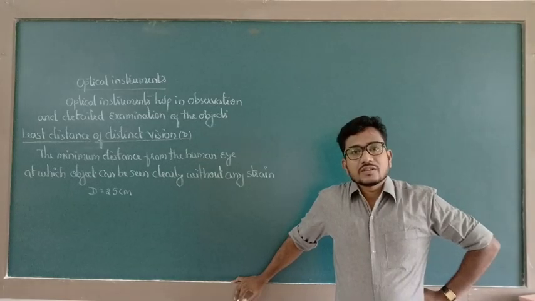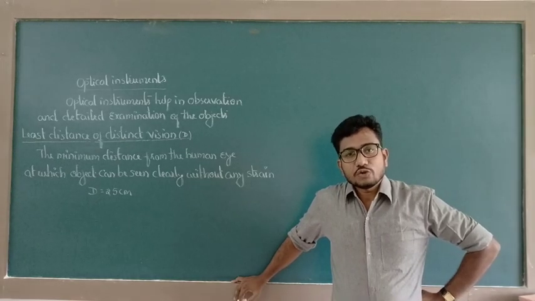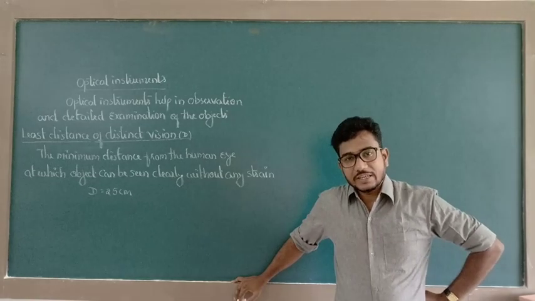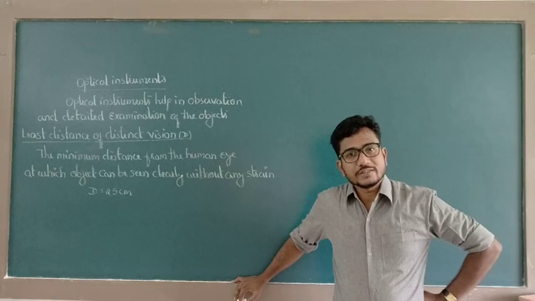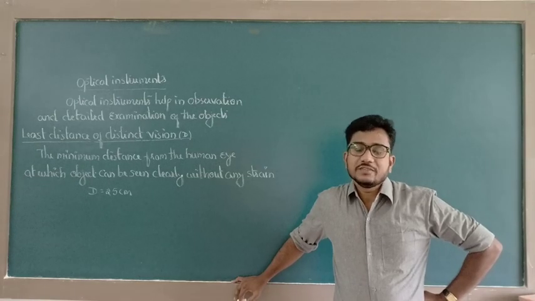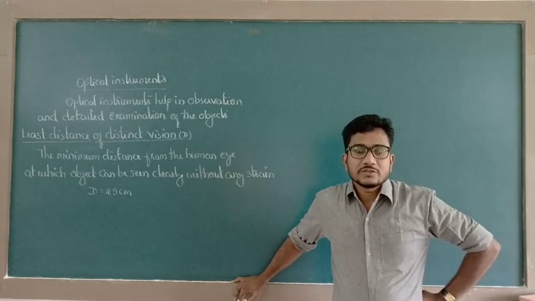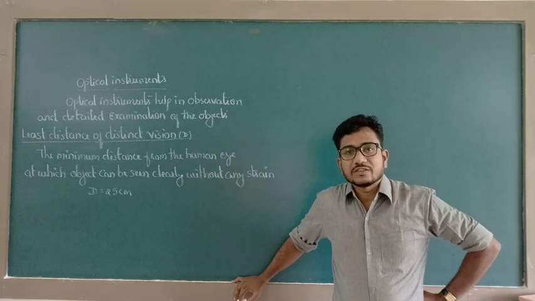So, we can observe objects in between 25 centimeter and infinity. This is known as the range of vision.